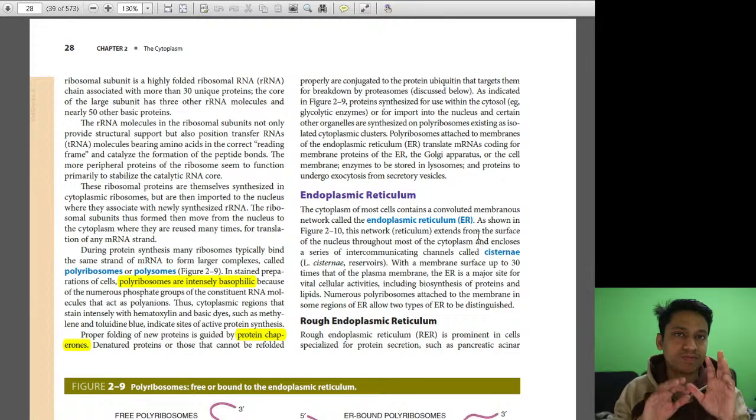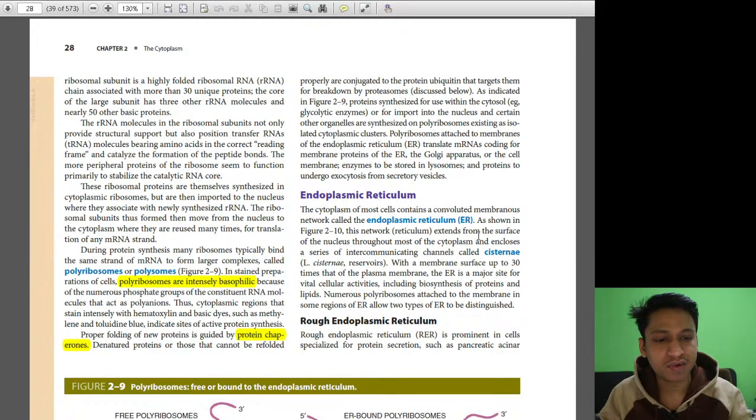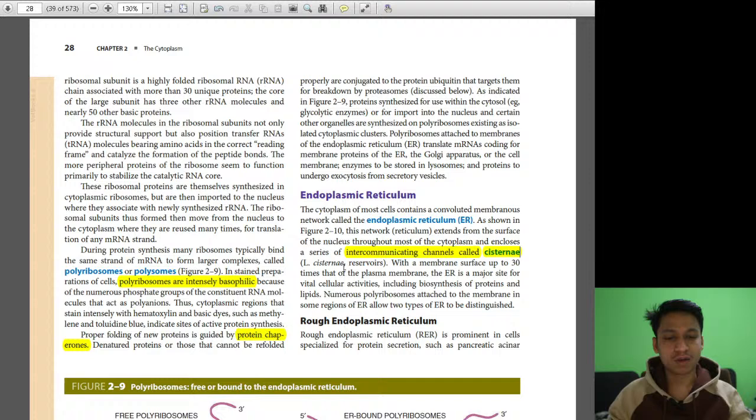So basically it's a structure that extends from the nucleus. It's in the form of a reticulum, that is a network, and it has intercommunicating channels called cisternae. We can just highlight what cisternae are. They are intercommunicating channels with a membrane surface up to 30 times that of the plasma membrane.